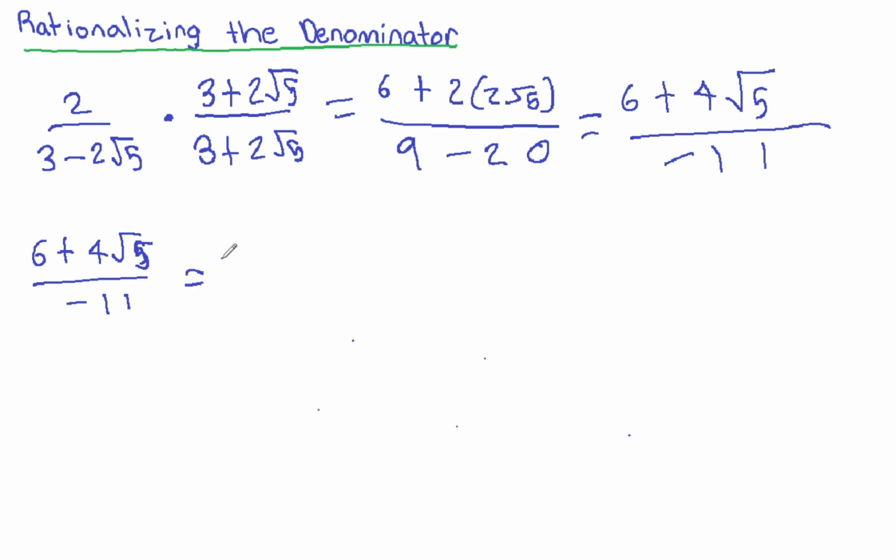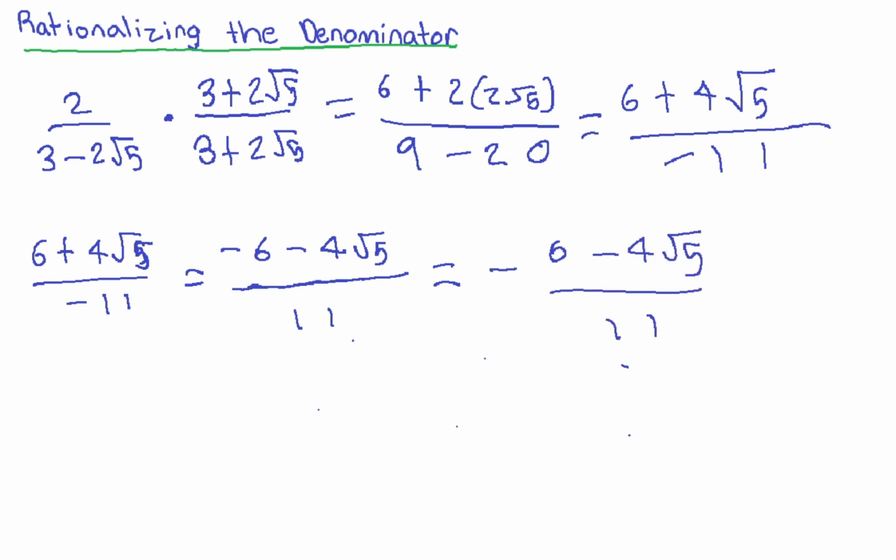Or you can write it as negative 6 minus 4 root 5 over 11, because some people don't like to put the negatives in the denominator. They want the denominator to be whole and positive. So these are all acceptable answers.